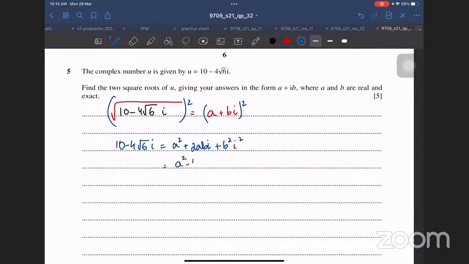So a squared minus b squared is the real part, and 10 minus 4 root 6i is on the left hand side. So 10 equals a squared minus b squared, and minus 4 root 6 equals 2ab. Yeah. So you can find the two square roots of u.